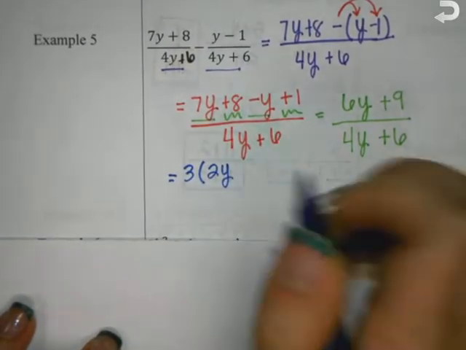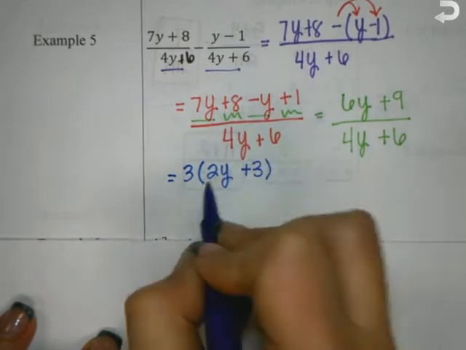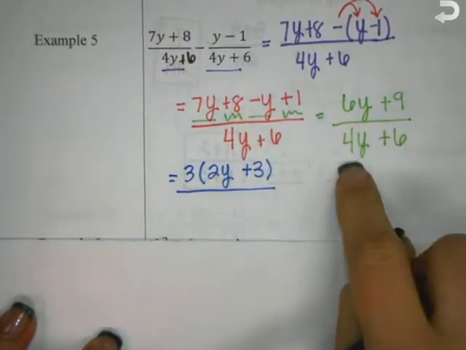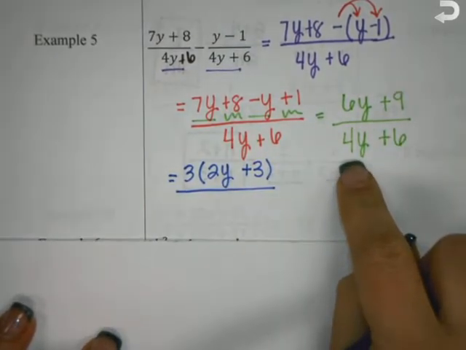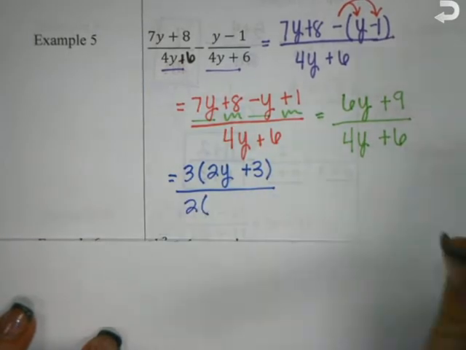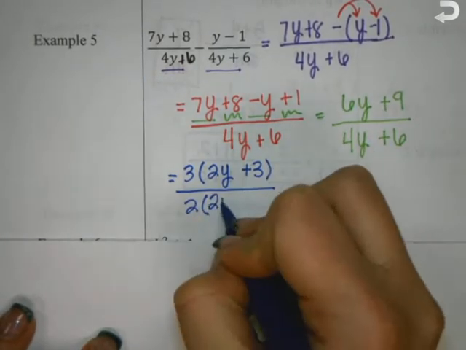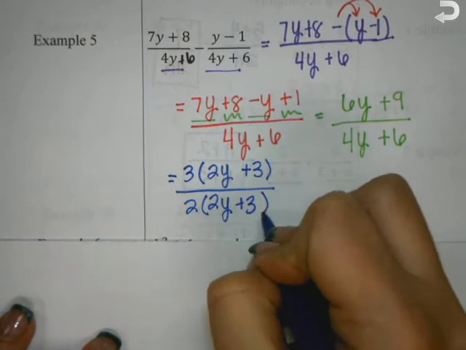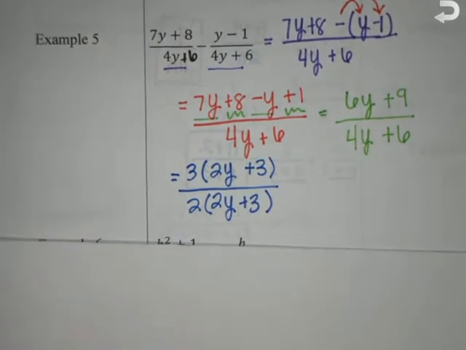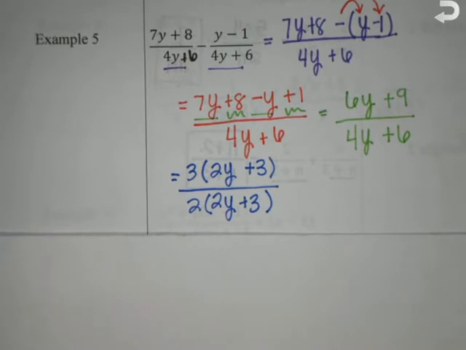So what's going to be left? 2y plus 3. Now what? Am I done? No. I can cancel what? 2y plus 3. So, ladies and gentlemen, what is my answer? 3 over 2. Very good, 3 over 2.